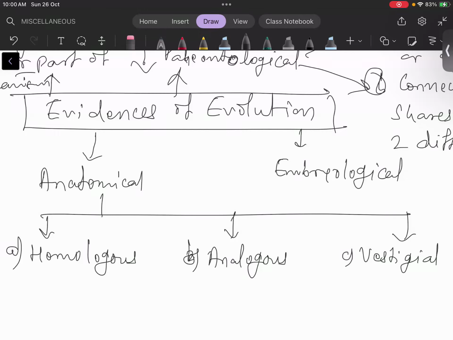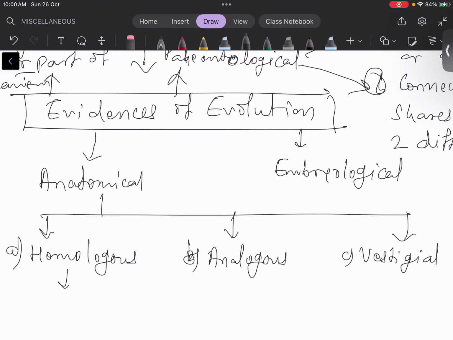Homo means same. Homo means same, and ana means different. Right? So homo means same. Organs are similar in origin but perform different functions.